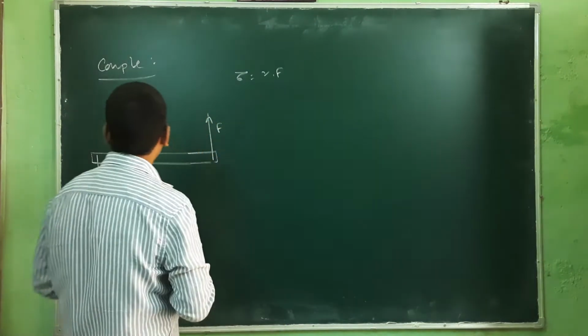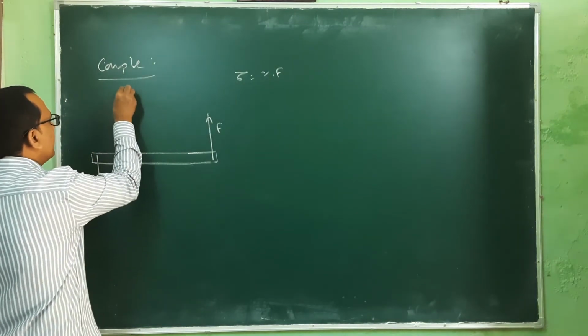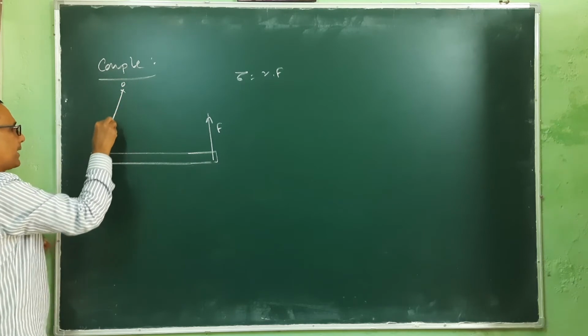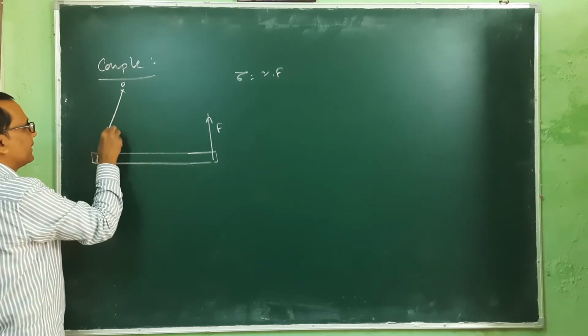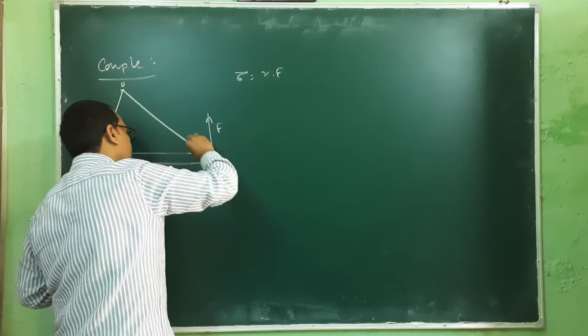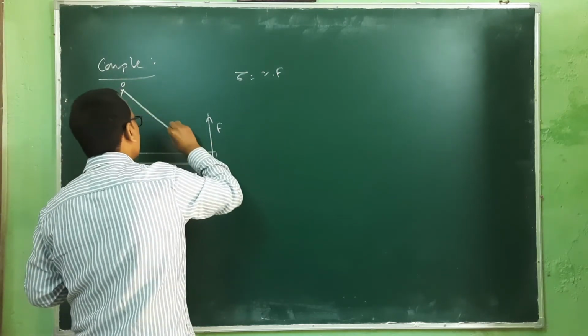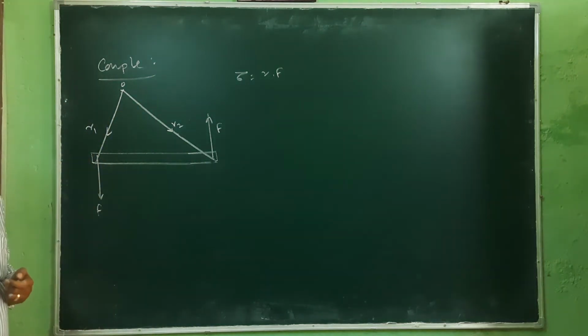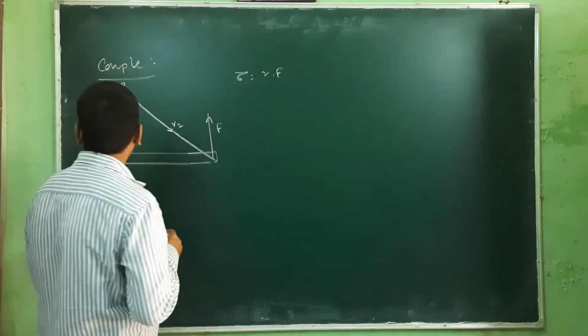And the calculation is simple. If this is the axis, let's say O, and in vector form, this is R1, and this is another vector, R2.